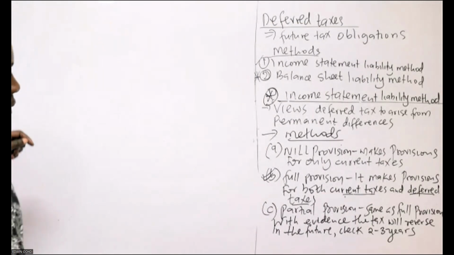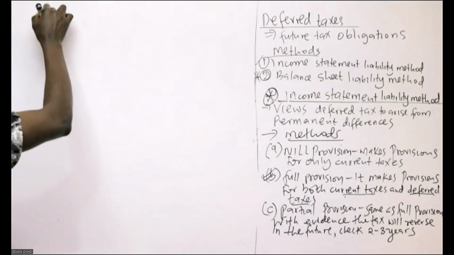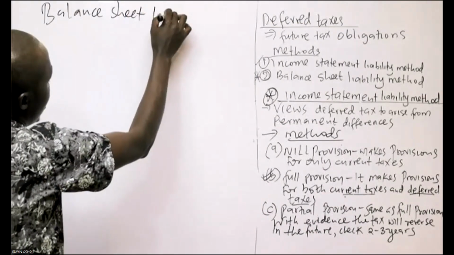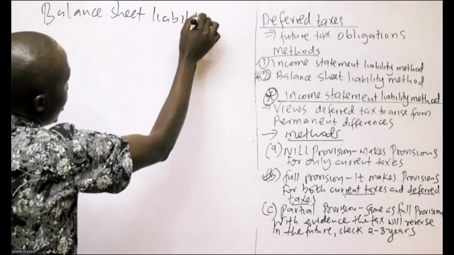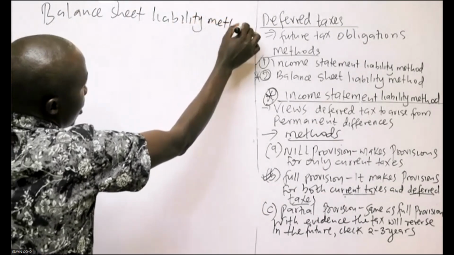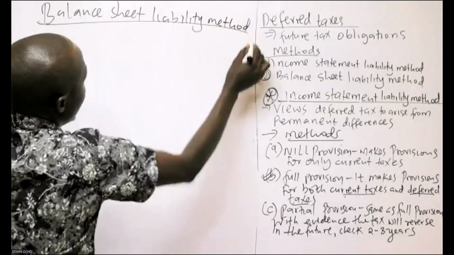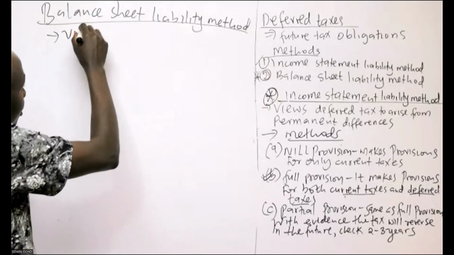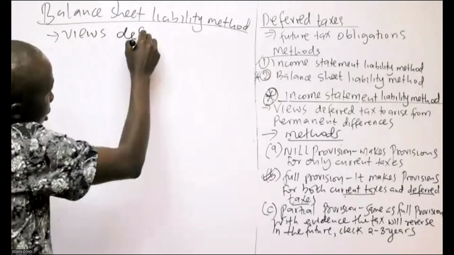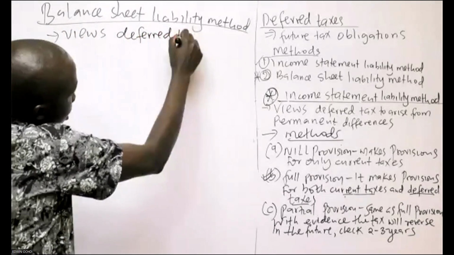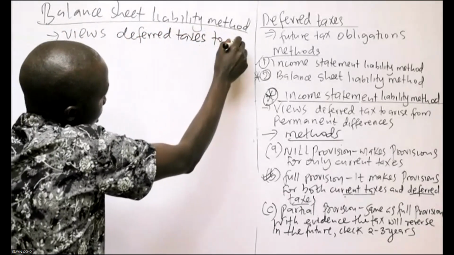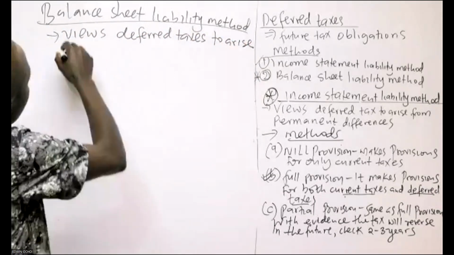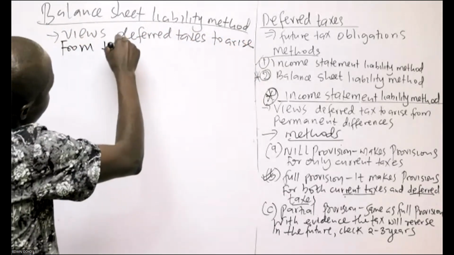After we have done that, we can talk about the balance sheet liability method. This one views deferred taxes to arise from temporary differences.